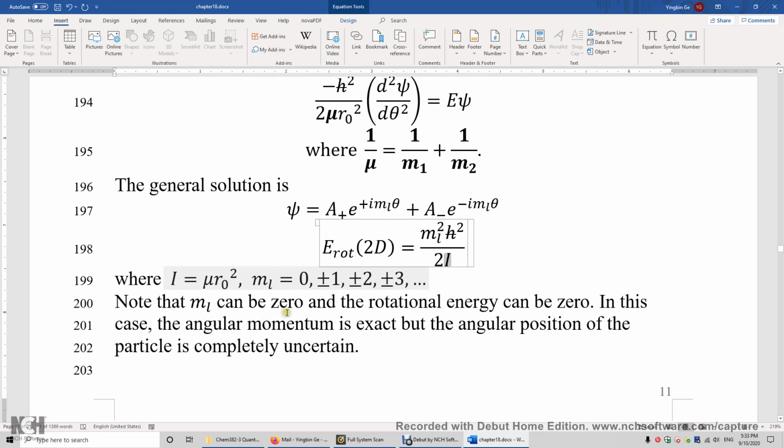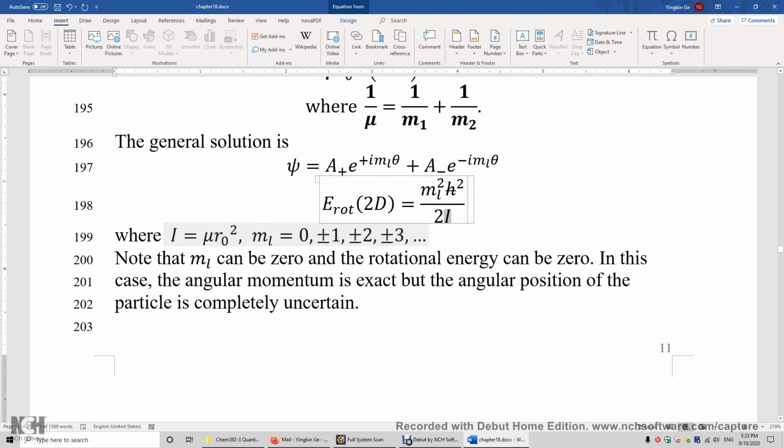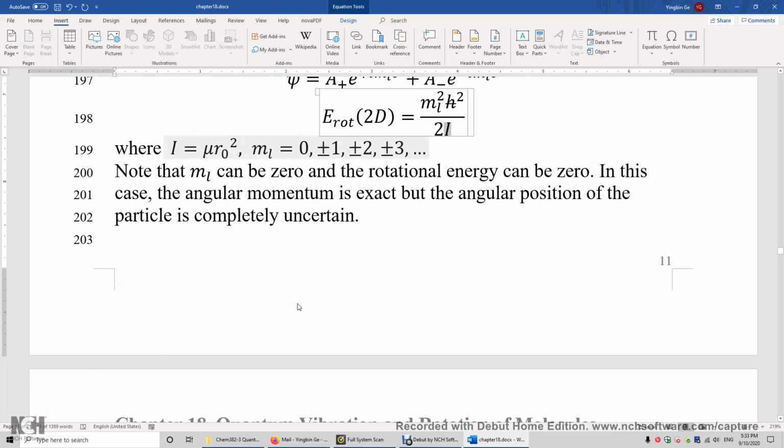Again, m sub l can be 0, but it can also be other integers. In this case, the angular momentum is exact when m sub l is 0. But now we have a two-particle system, and the positions of the two rotating particles are completely uncertain. We just don't know where the two particles are.